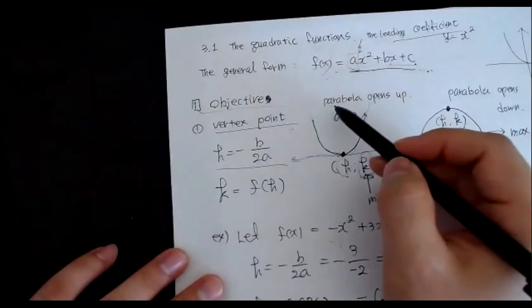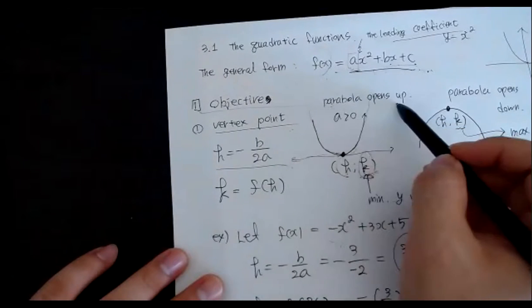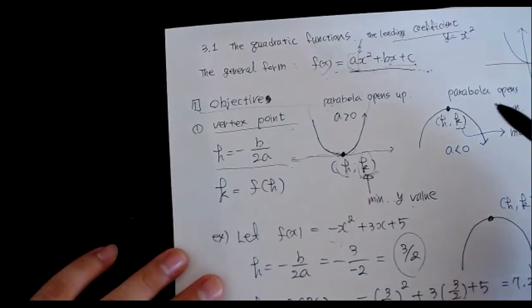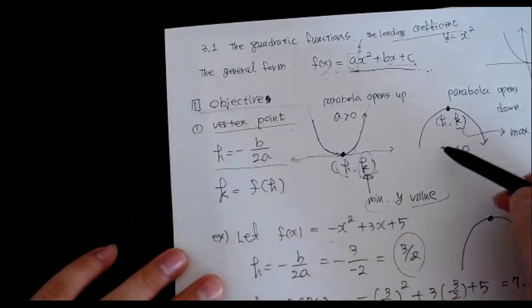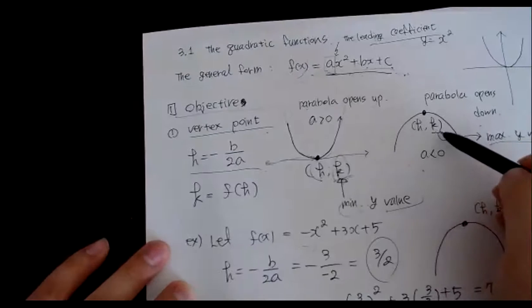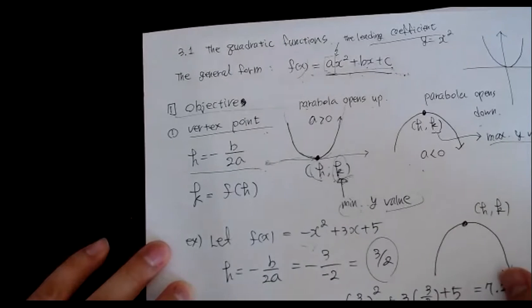So if the graph of f of x is a parabola that opens up, there is no maximum y value, only a minimum y value. But this is the opposite: if the parabola opens down, there is a maximum y value, which is k, the y coordinate of the vertex point, but there is no minimum y value.